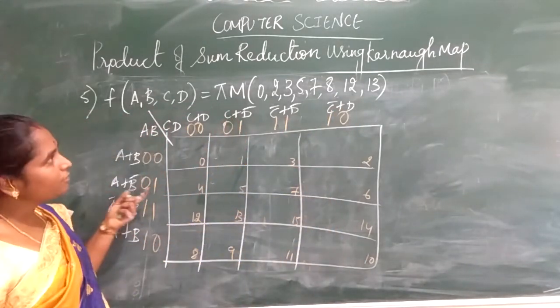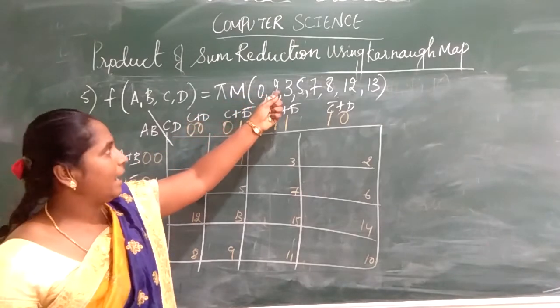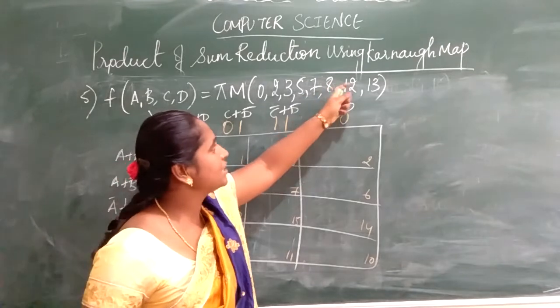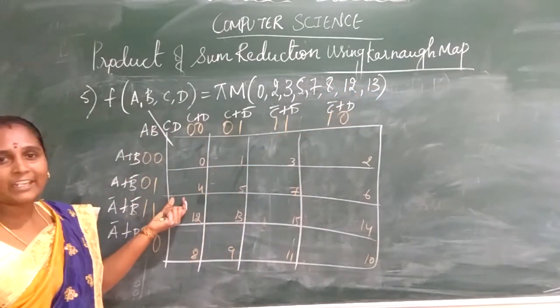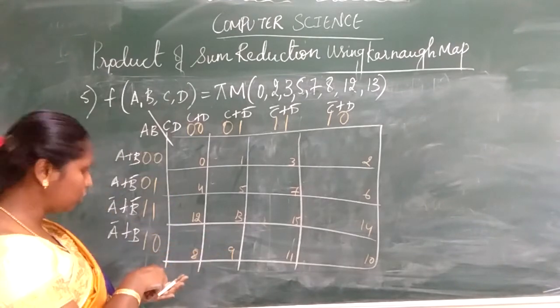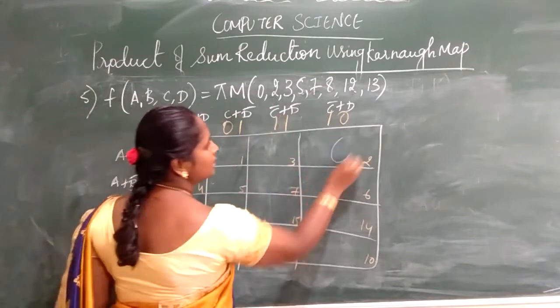Next, mark the squares which have the output as zeros, as we mentioned: M0, M2, M3, M5, M7, M8, M12, M13. I have already subscripted the squares; each square represents the min term or max term, and here it is max term. So zeros have been placed. For M0, 0. For M2, 0.